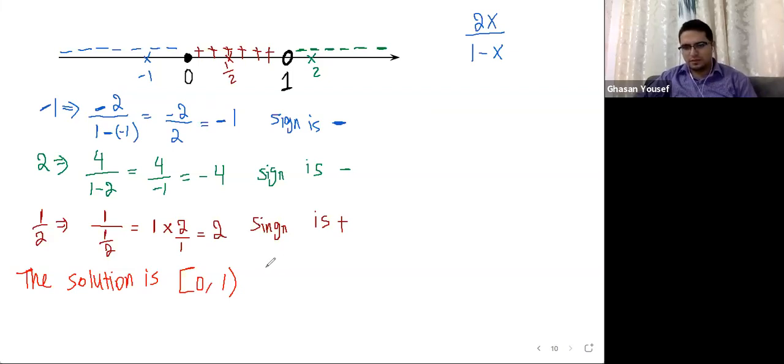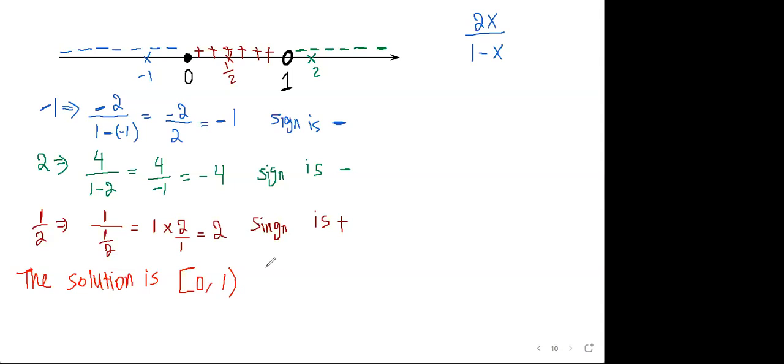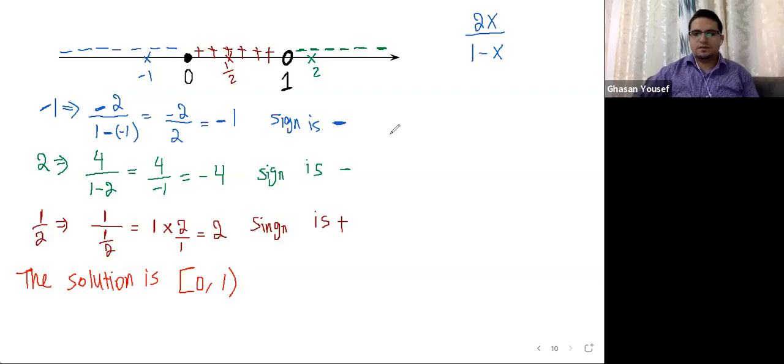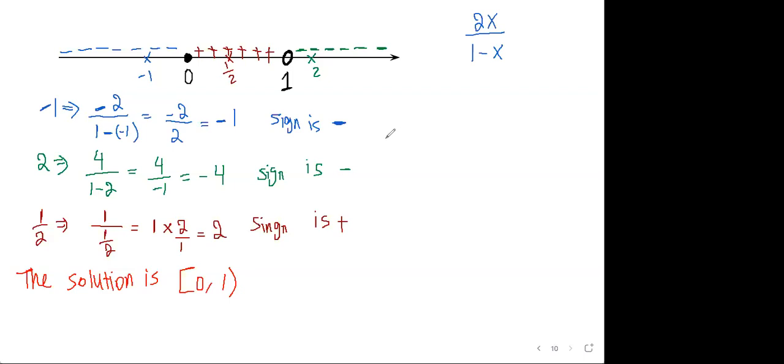Any question? For example, when you plug in 1, we know that we don't include 1, right? When you substitute 1 inside the original inequality, the denominator is undefined. Does that automatically tell us it's not going to be included?